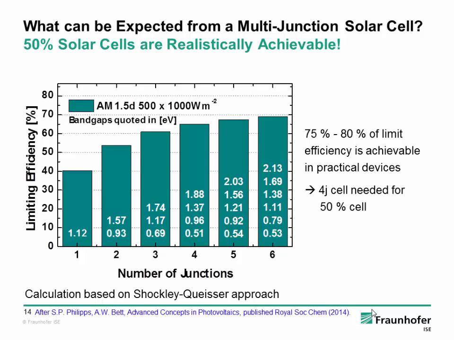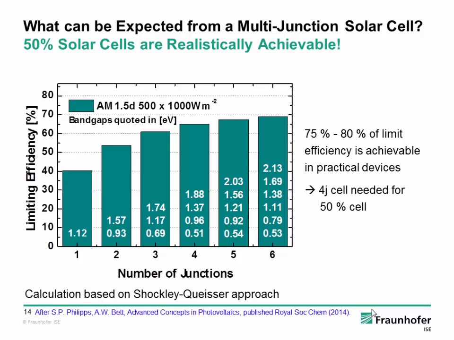In reality, we know from these limit efficiency calculations, if you look at practical devices, we can, as a rule of thumb, achieve 75 to 80%. And we are aiming for a 50% solar cell, so you can easily see that we have to go for more or less a 4-junction solar cell, because the theoretical limit of a 4-junction solar cell is 68%.